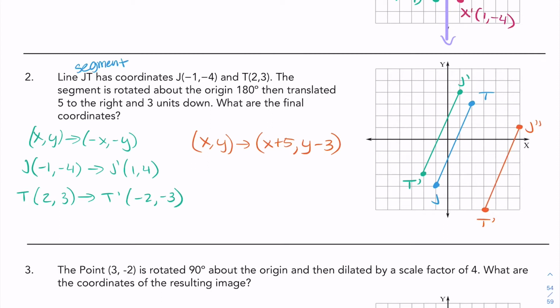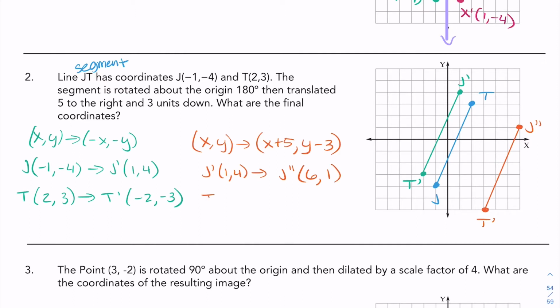What that is going to do is make J prime at 1, 4 go over to J double prime at 6, 1.